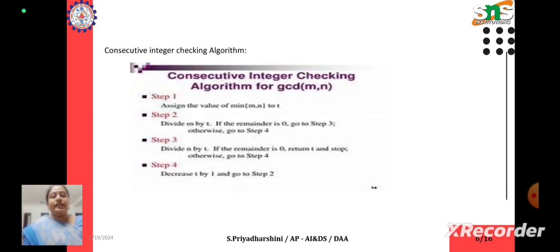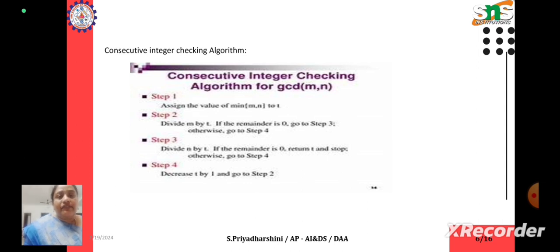The next one is the consecutive integer checking algorithm for the GCD of m comma n. Step 1: assign the value of the minimum of m comma n to t. Step 2: divide m by t. If the remainder is 0, go to step 3, otherwise go to step 4.